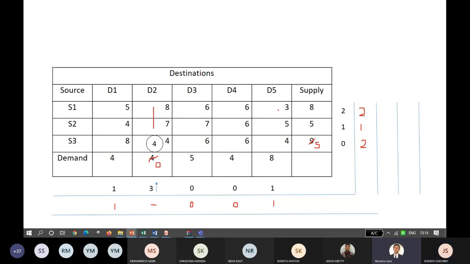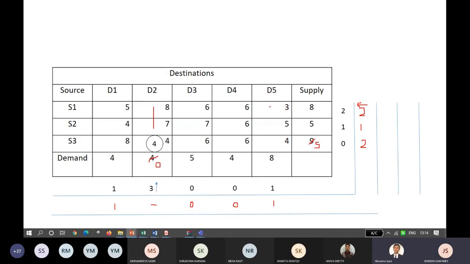If I go with this, the least cost value is 3. If I go with this, the least cost value is 4. So I will go with this one because the least cost value is 3 here. How much can I allocate in this particular cell?